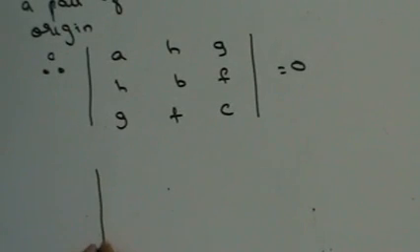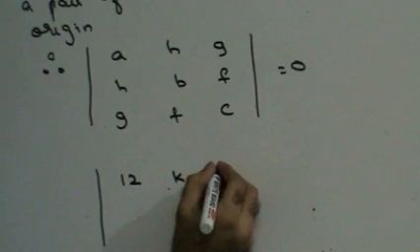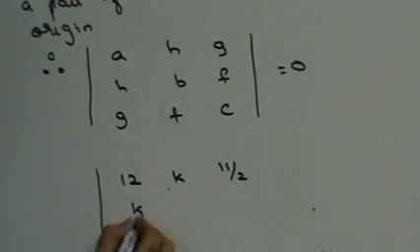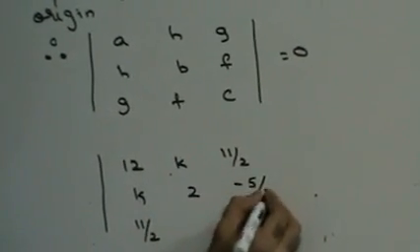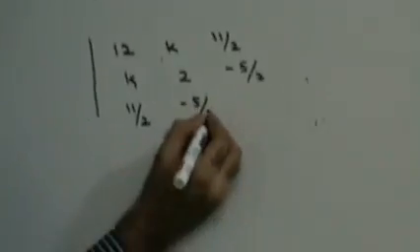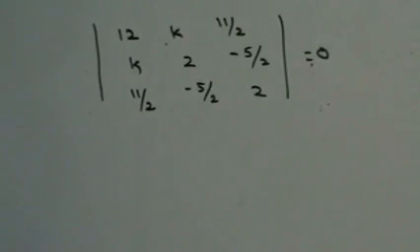So in that case, I will have AHG, BFFC should be equal to 0. Solve the determinant. If I solve the determinant, I will get my answer for K.